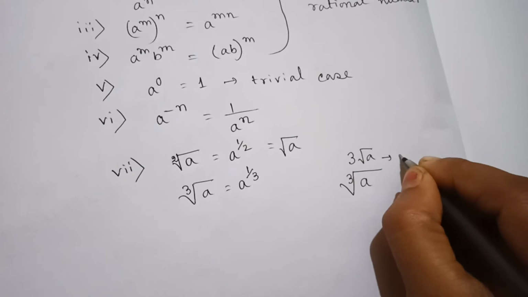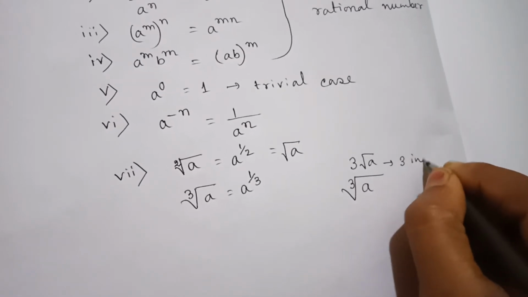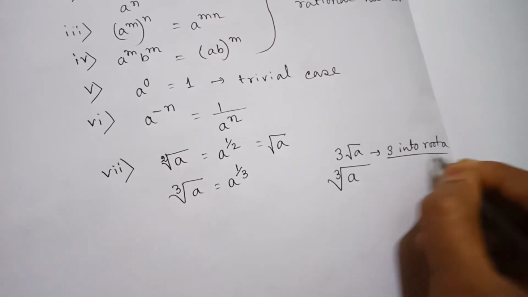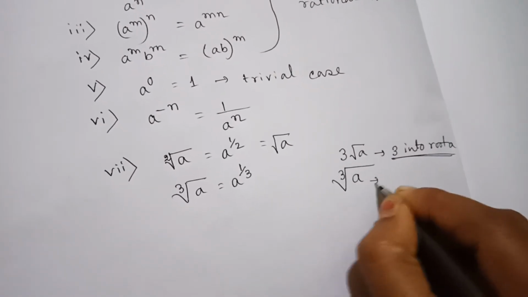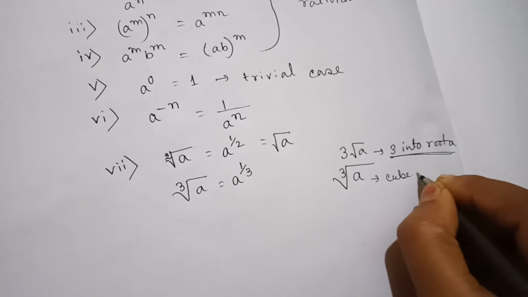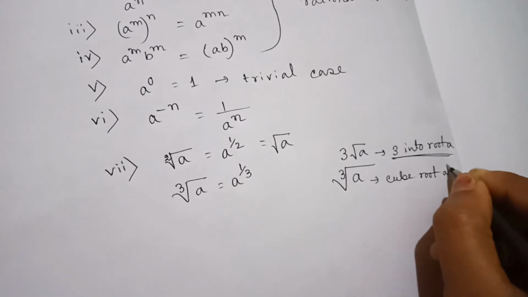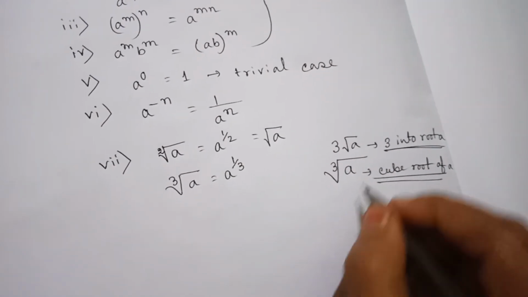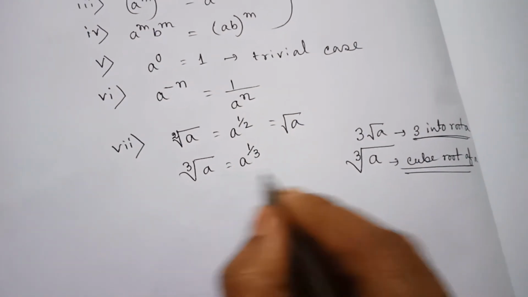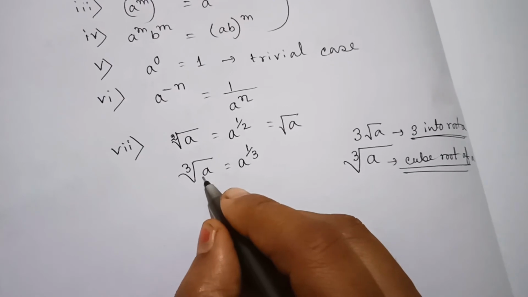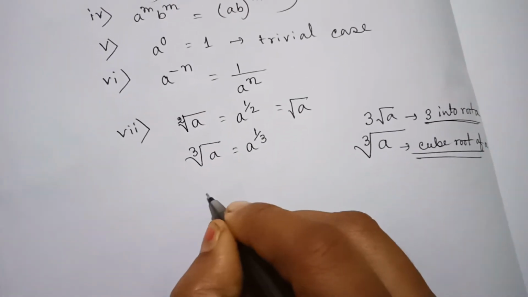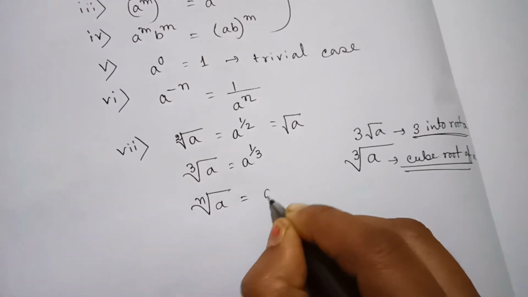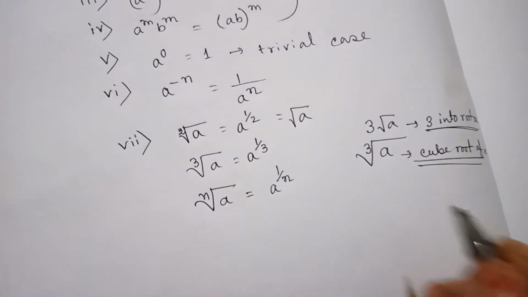This other one will be read as 3 into root a. So you can see that both are different, right? So always write like this if you need to write cube root. Similarly, nth root of a will be a to the power 1 by n.